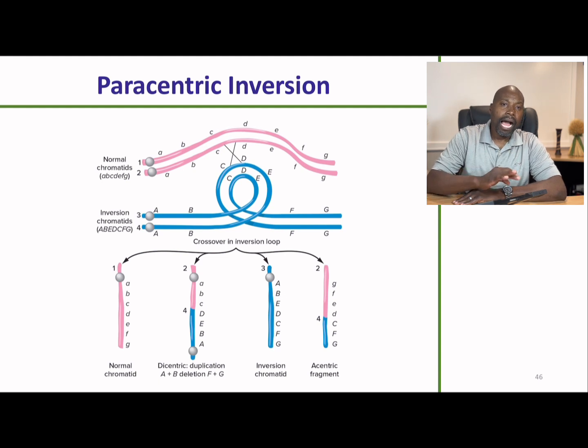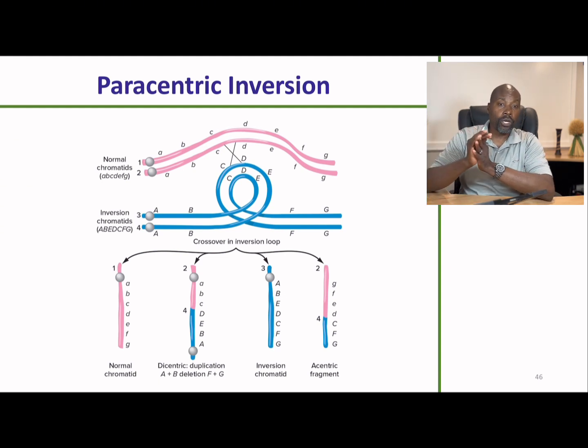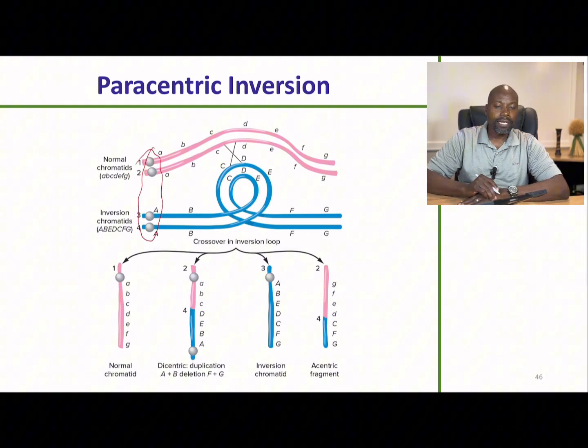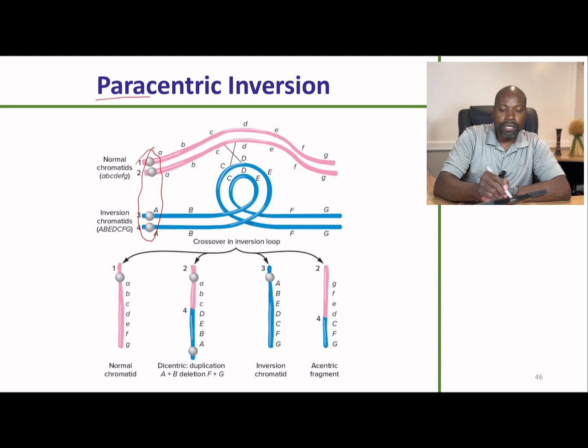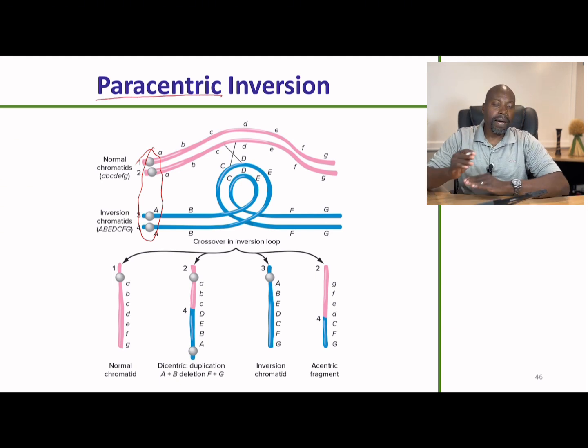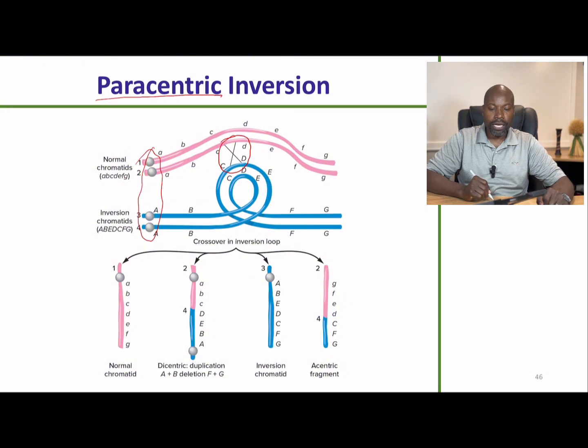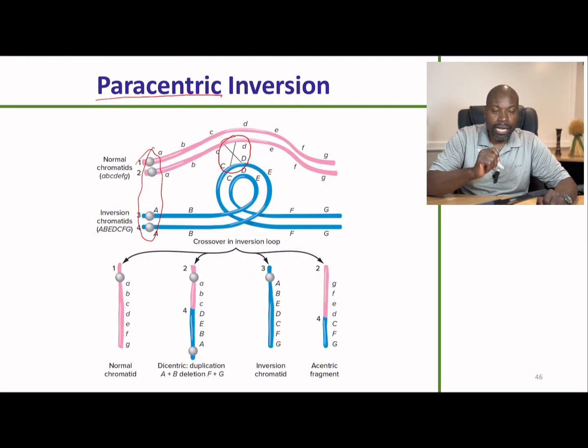Okay? How is inversion occurring? The inversion can occur based on actually where the centromeres are located, right? We have the paracentric inversion. In a paracentric inversion, well, notice that we're going to have a recombination that occurs here. And upon that recombination, what do we see?